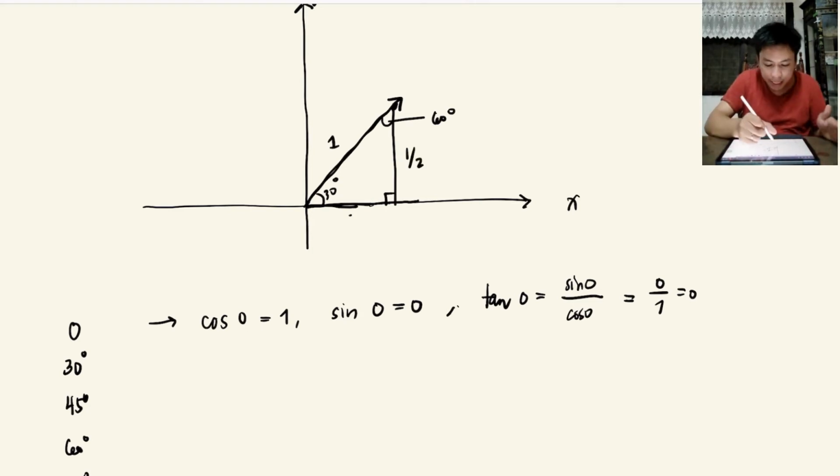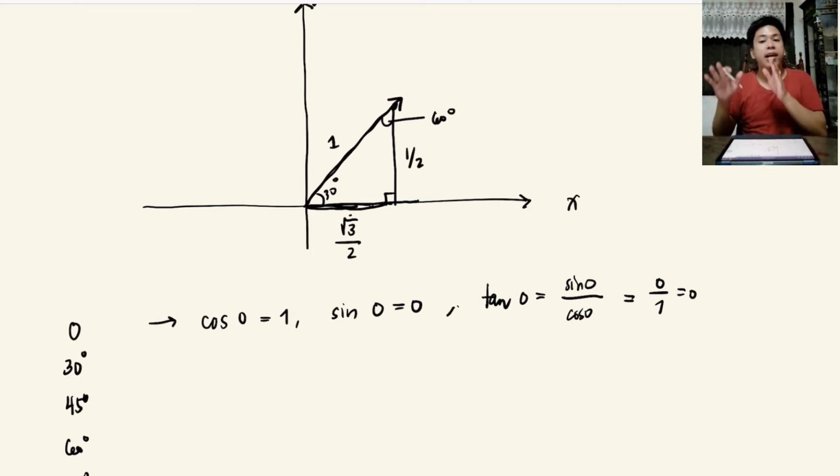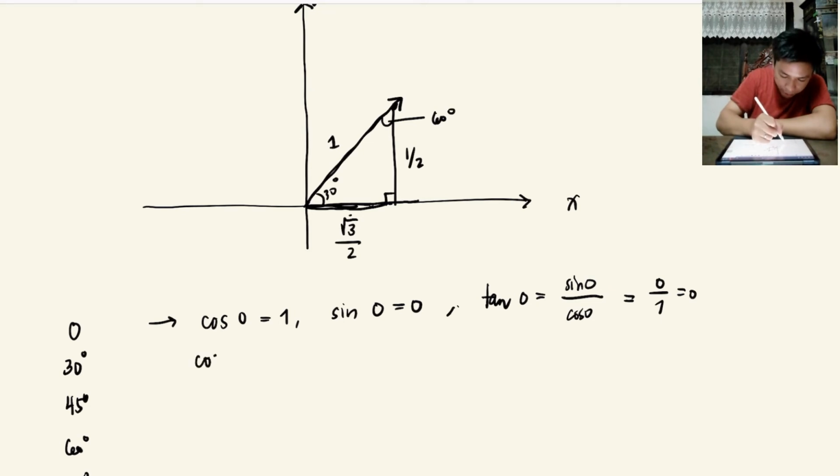And so automatically, this line here is actually square root of 3 over 2, because it is the same as square root of 3 times the side opposite to 30 degrees. Now, the vertical line here represents the value for the sine and the horizontal line represents the value of the cosine. Meaning to say that our cosine of 30 degrees is square root of 3 over 2, and our sine of 30 degrees is 1 half.